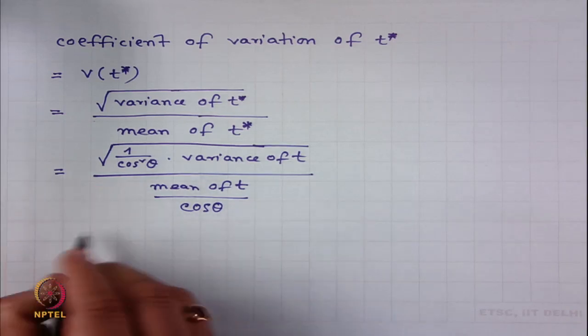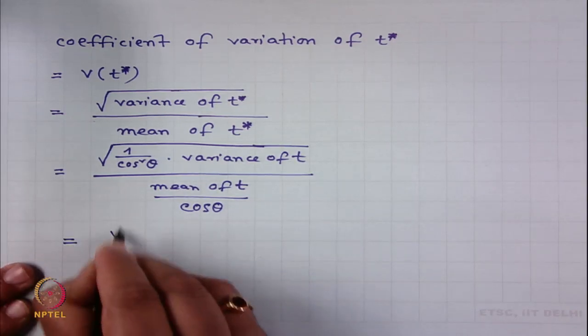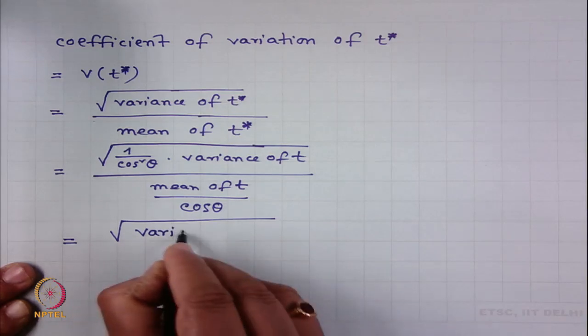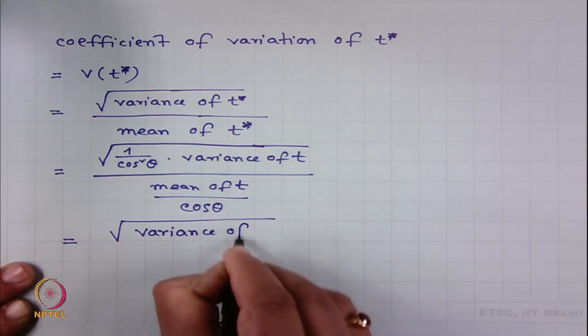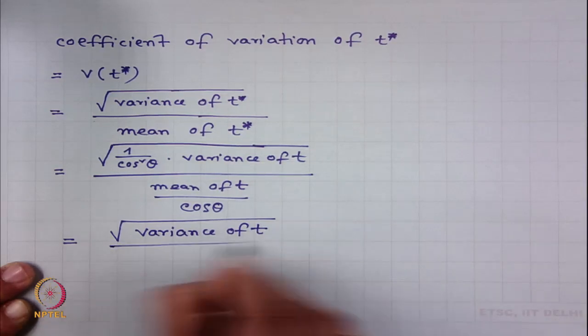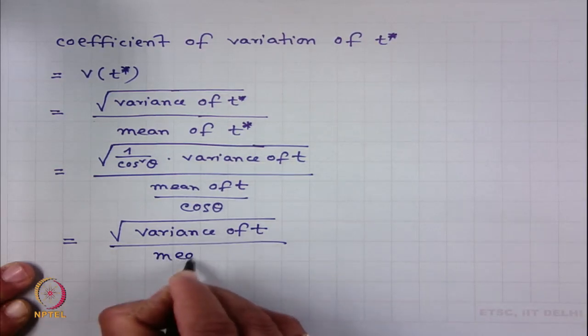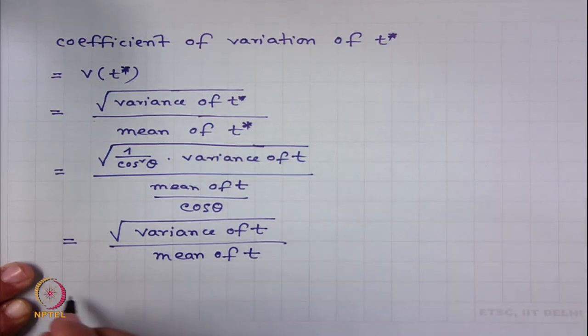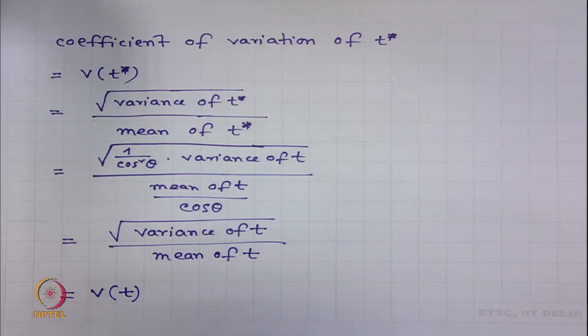So, this cos theta will cancel out. As a result, what is left is variance of t by mean of t, that is equal to coefficient of variation of t.